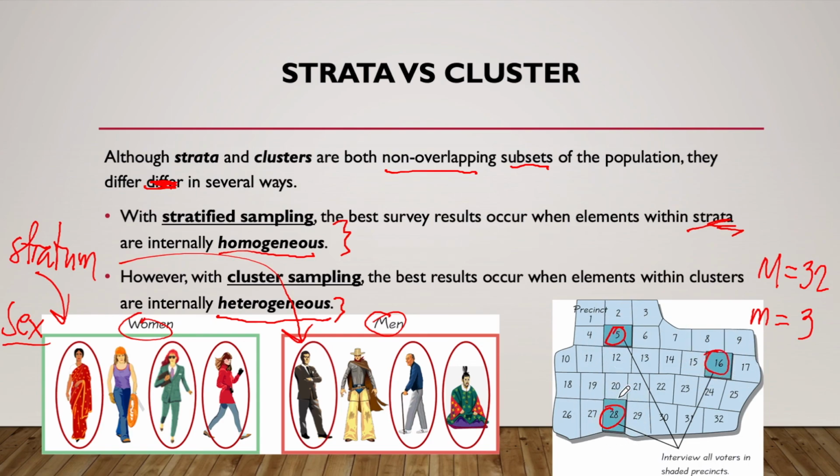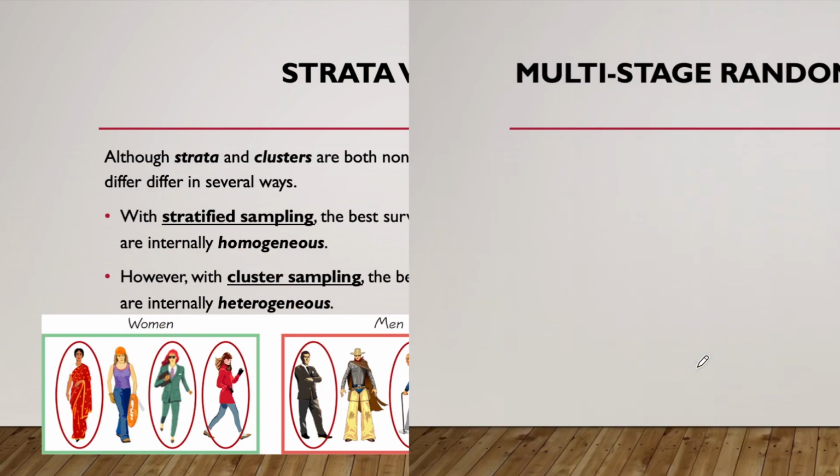If we choose our small m clusters, we must be sure that all of them are heterogeneous, meaning all characteristics of the variables are represented. And of course, we must interview everyone in each of these 3 clusters. So that's the difference of strata versus clusters.